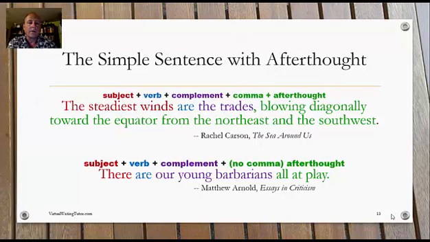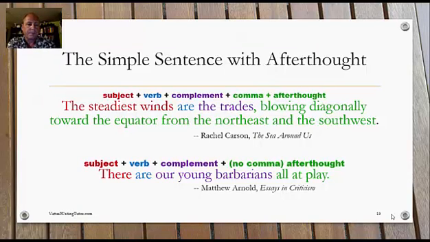So the verb is are and the complement, the trades. After that we have a comma setting the afterthought apart from the rest of the sentence, with comma blowing diagonally toward the equator from the northeast and the southwest. Here the afterthought is very clear and very distinct from the simple sentence.